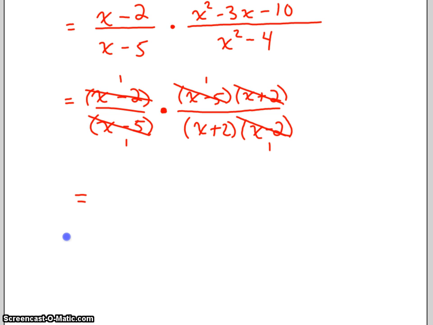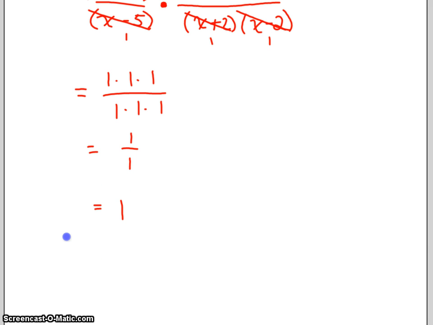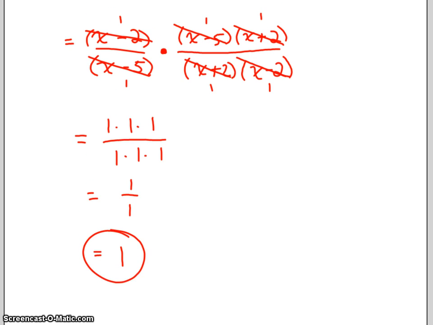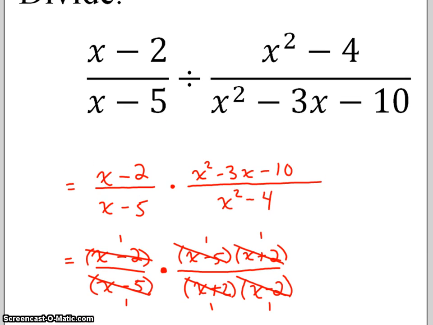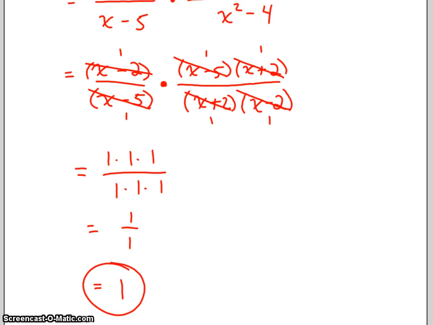And look at this, this x plus 2 cancels with this x plus 2. So we actually get 1 times 1 times 1 over 1 times 1 times 1. That's 1 over 1, which is just 1. So dividing the rational expressions simplifies to 1.